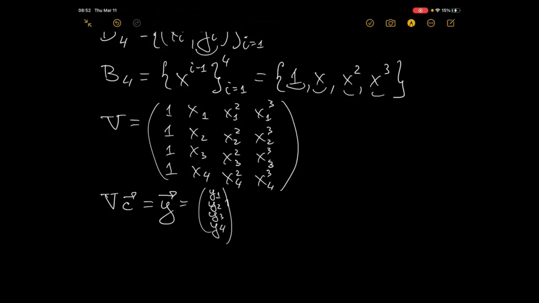And our interpolant is supposed to satisfy C1 plus C2 multiplied by x, plus C3 x squared, plus C4 x cubed, just this.